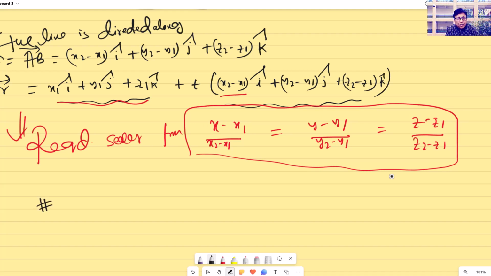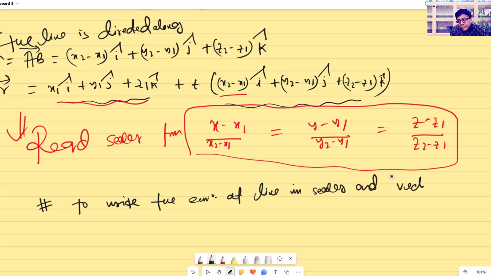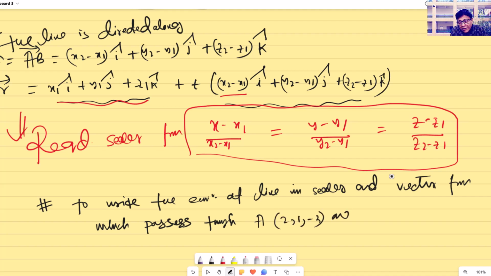Okay? Now, let us solve one simple problem here, and then we'll find intersection of two lines, etc. So let us write the equation of line, in scalar and vector form, which passes through 2 points A (2, 1, -3) and B (4, 3, 1).